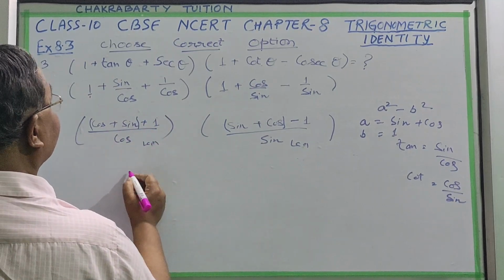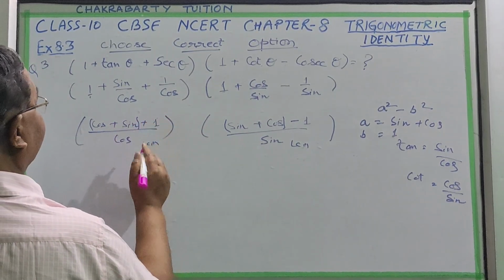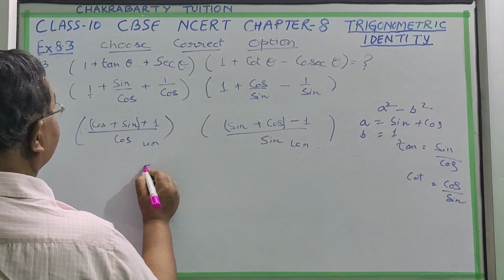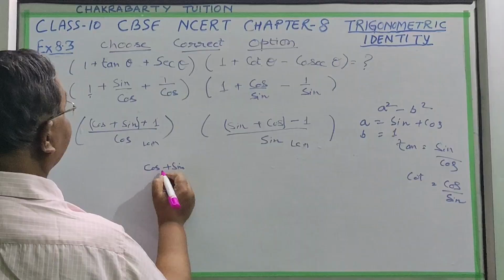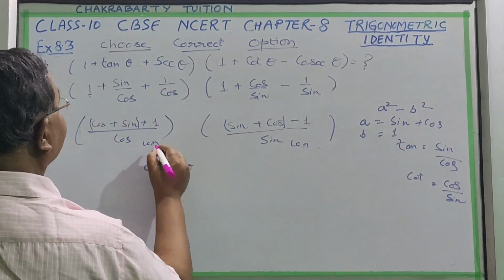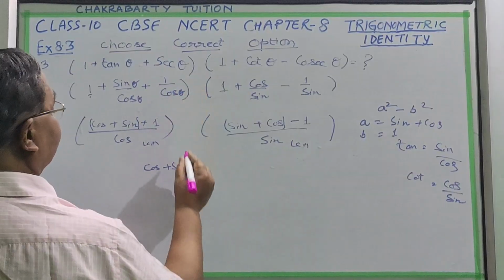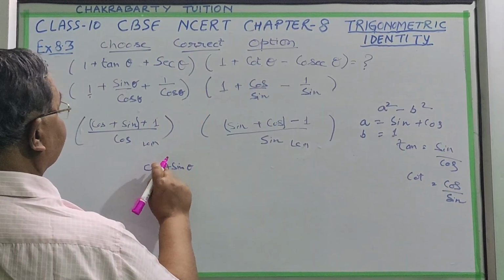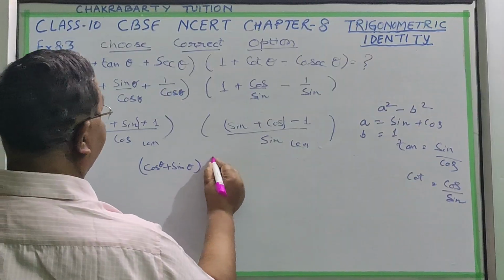So the upper side, after multiplication, will become a square minus b square, cos plus sine. Of course theta is always there; if I forget, you just write theta. So because cos theta, this will become 1.